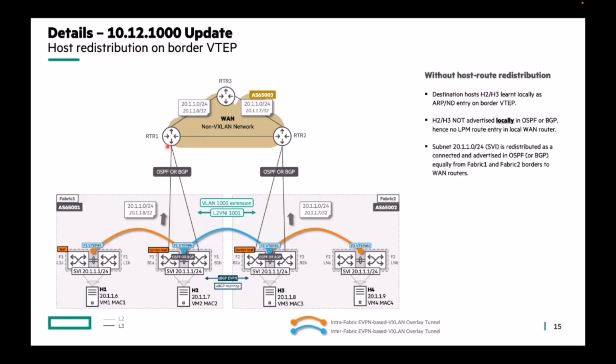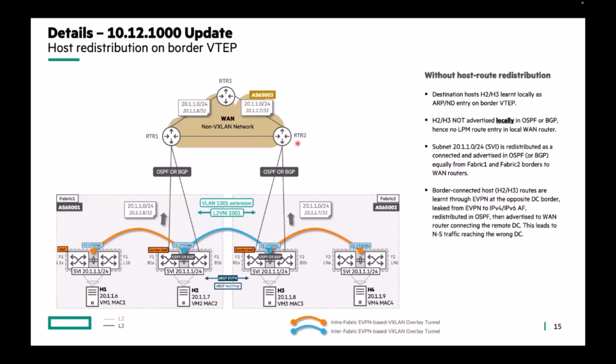So what is the situation? This 20.1.1.0/24, which is the SVI, is redistributed as connected and advertised in OSPF or BGP equally from the Fabric 1 and Fabric 2 borders to the WAN routers, right? This border is sending the .0 network. This border is sending the .0 network to their own routers.